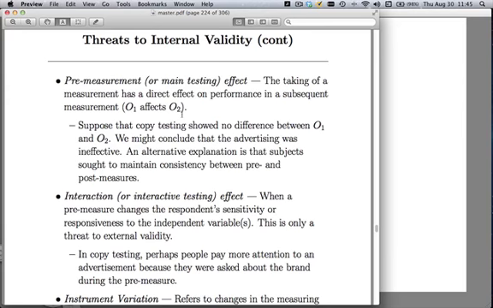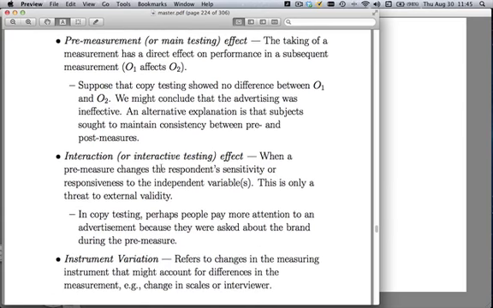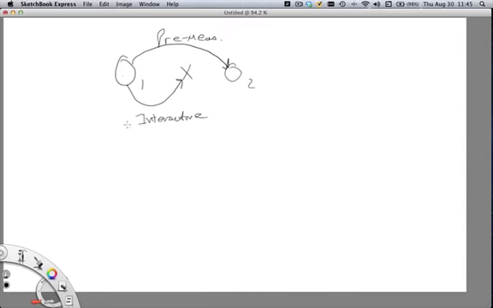So let's talk a little bit about the interactive testing effect. Suppose in this pre-measure I ask you certain questions about the Toyota Camry, if this is a Toyota Camry ad.